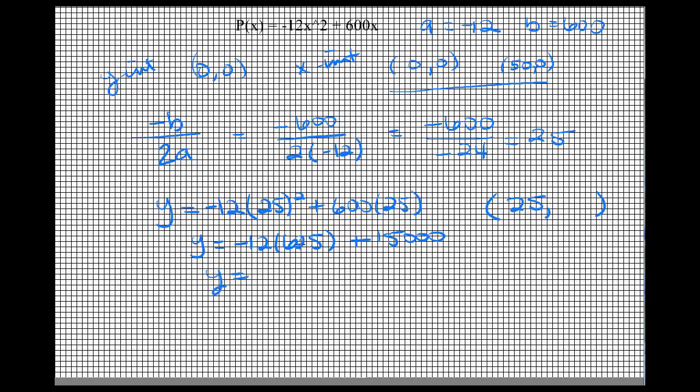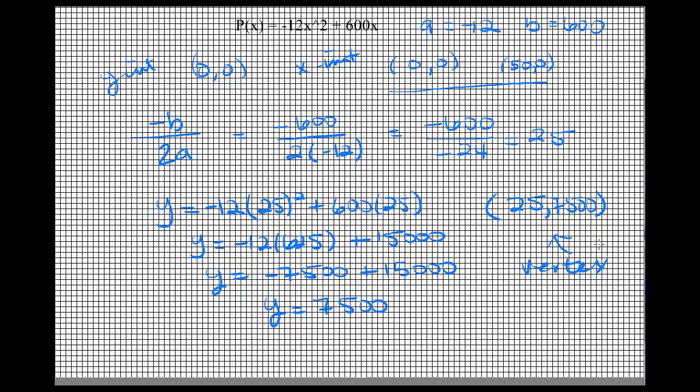Minus 12 times 625 is minus 7,500. And negative 7,500 plus 15,000 is 7,500. So that is our y-coordinate. Now we have our vertex, which is going to be the highest point of our parabola.